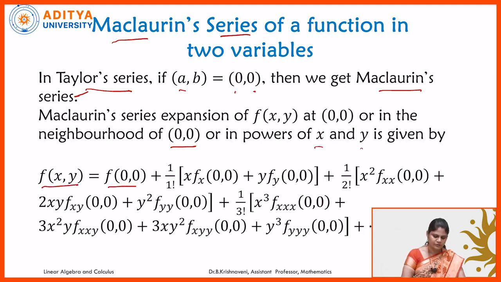f(x,y) is equal to f(0,0) plus 1 by 1 factorial into [x into fx(0,0) plus y into fy(0,0)] plus 1 by 2 factorial into [x square fxx(0,0) plus 2xy fxy(0,0) plus y square into fyy(0,0)] plus 1 by 3 factorial into [x cube fxxx(0,0) plus 3x square y fxxy(0,0) plus 3xy square fxyy(0,0) plus y cube into fyyy(0,0)].